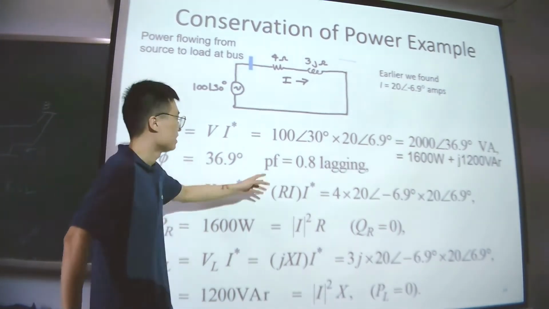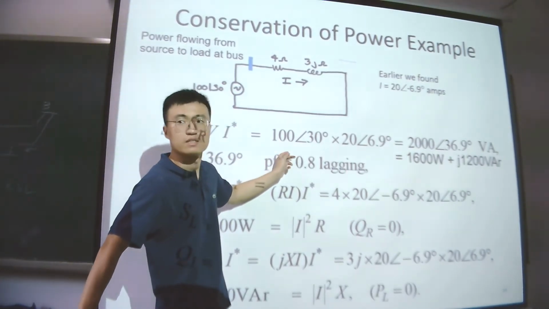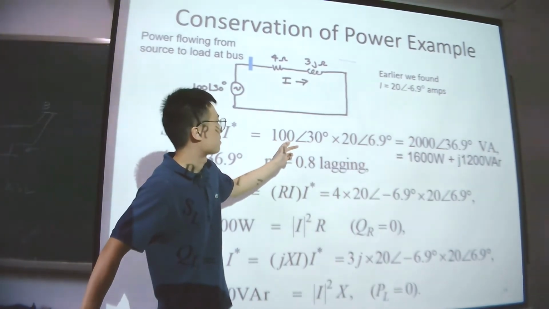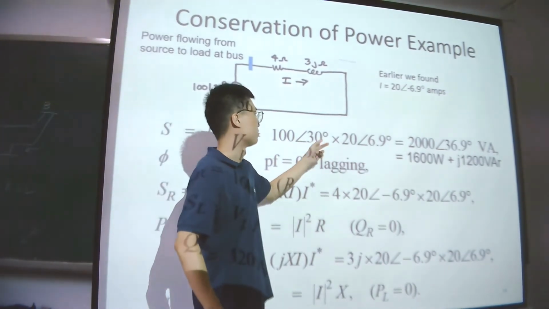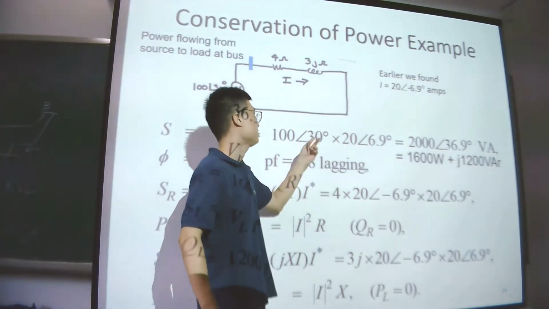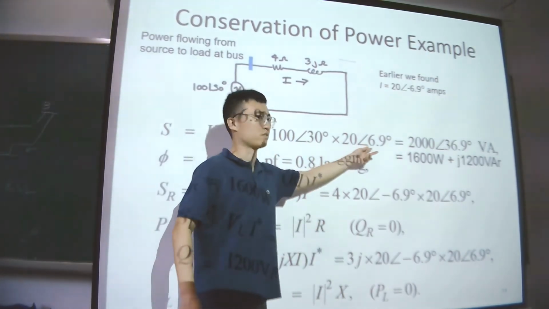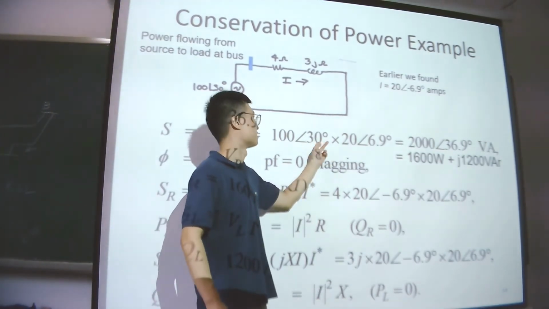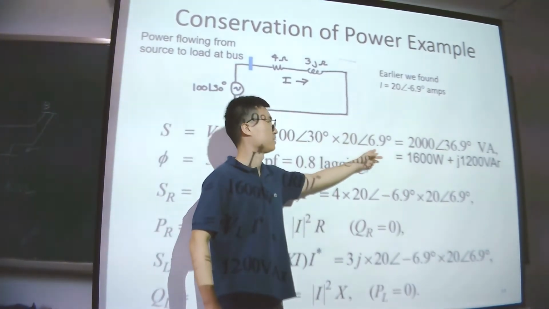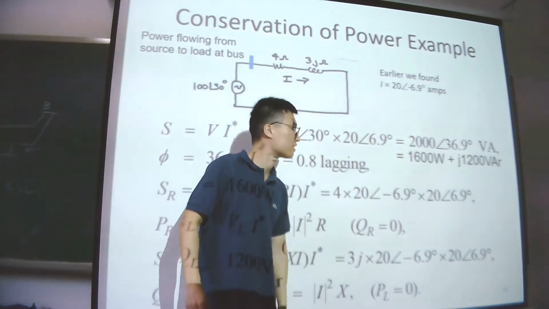So of course you can see the numeric part: my voltage is 220, my current is 100, and the resulting angle is 36.9, with a power factor of 0.8, right?